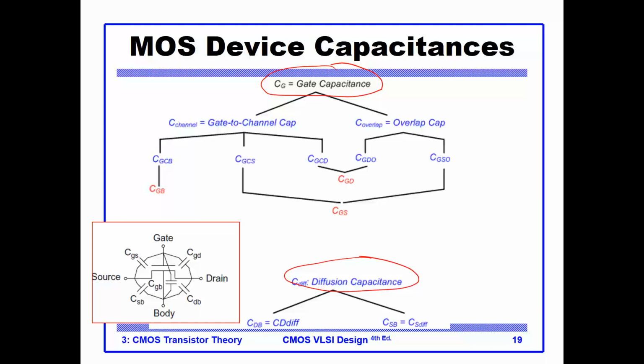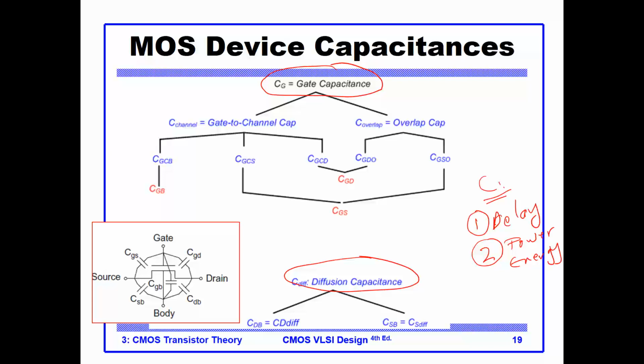Now, capacitances are important for two reasons. Number one, they impact the delay of the device. We will see this in next chapters. And they impact power and energy as well. So these are two important factors where capacitance comes into play.